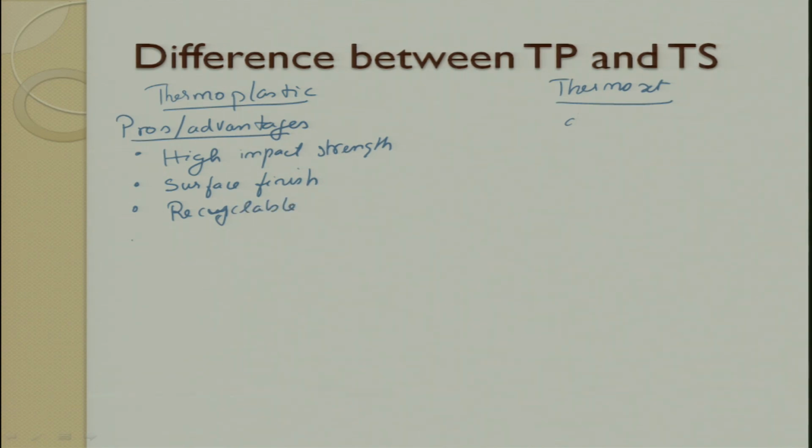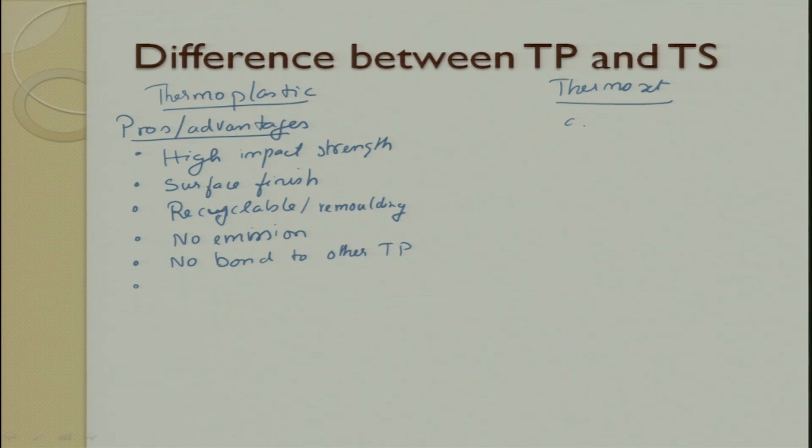Then we have no emission while fabrication. It has no bond to other thermoplasts, and the last one is it is recyclable, or I will put it as remolding or reprocessing, whatever it is.